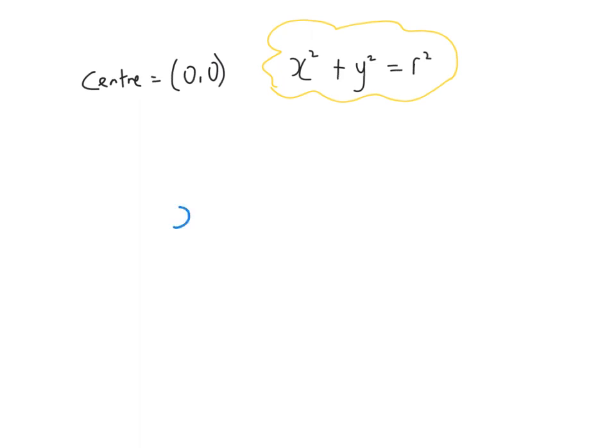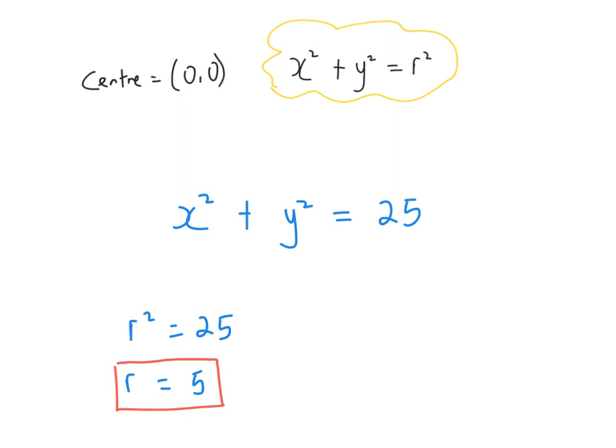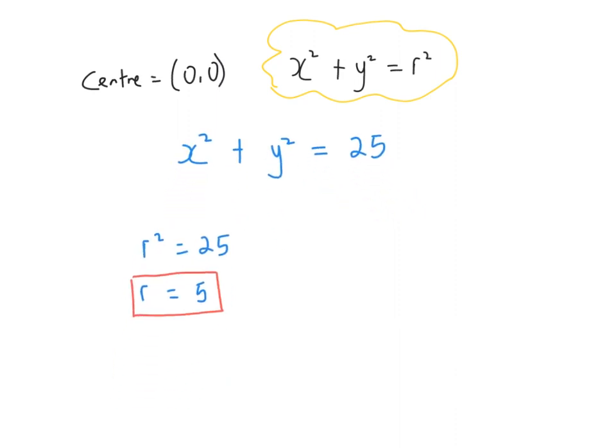For example, if I have a circle and we're told it's x squared plus y squared is equal to 25, well then I know r squared is equal to 25, so the radius has to be the square root of 25, which is 5. So straight away from looking at equations of this form, we are able to see what the radius of that circle is.